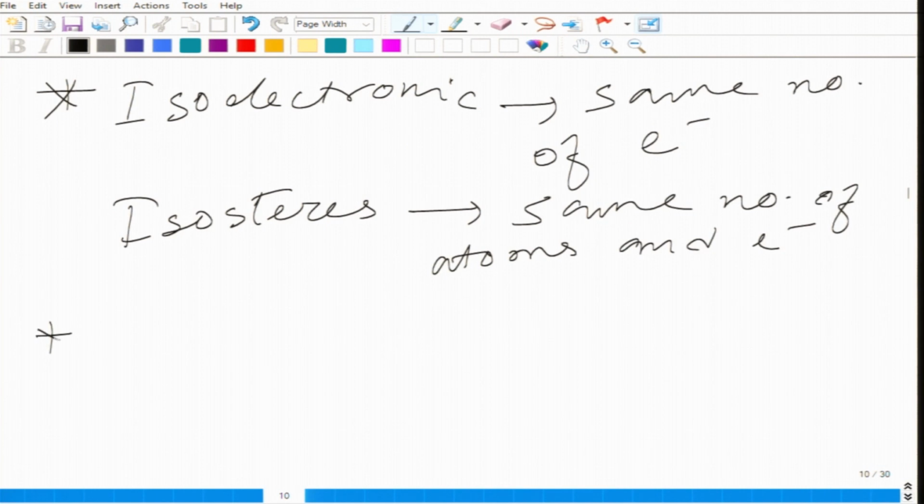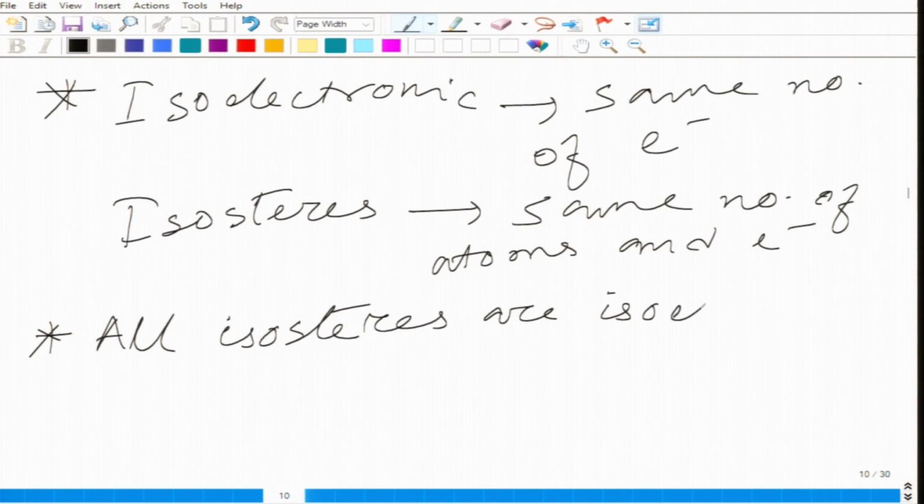So can we say that all isosters are isoelectronic species? Because isosters have the same number of electrons, all isosters are isoelectronic species.